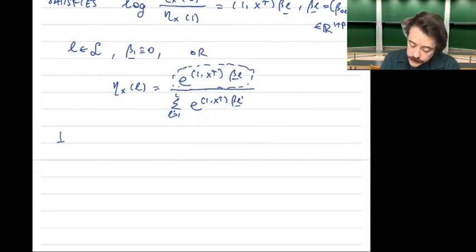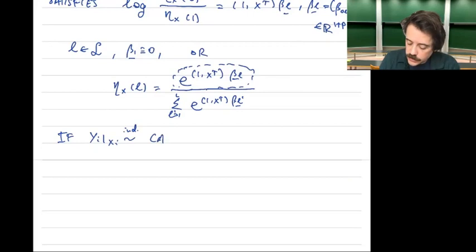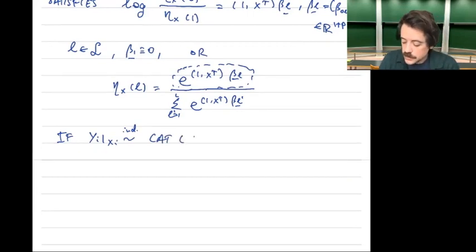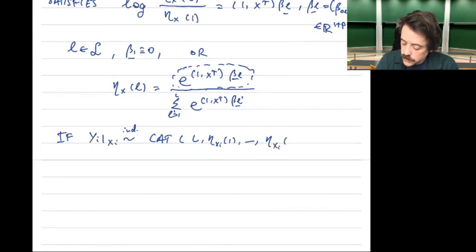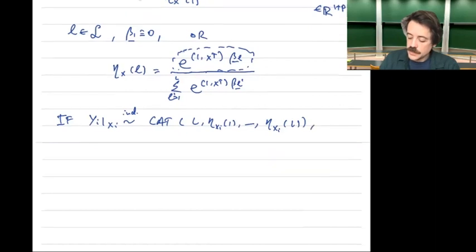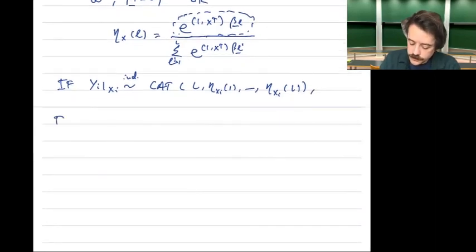So let's assume y_i given x_i independent categorical, just so that you have this clarified. And then given that we're doing the modeling already, let us write 1 to capital L.